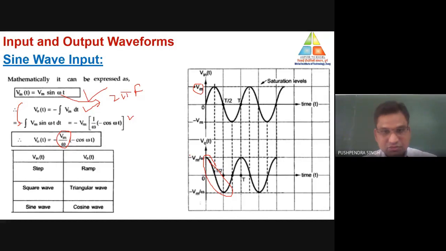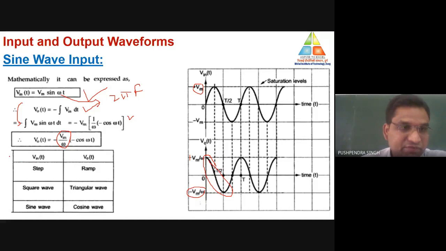This is minus, it's plus. So in the positive direction, the signal starts with plus Vm by omega and moves downward up to minus Vm by omega. That represents the peak amplitude of the signal. So in case of a sinusoidal waveform, with the help of the integrator, we will get a cosine waveform.